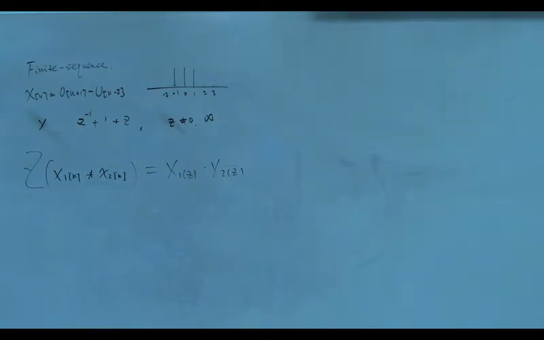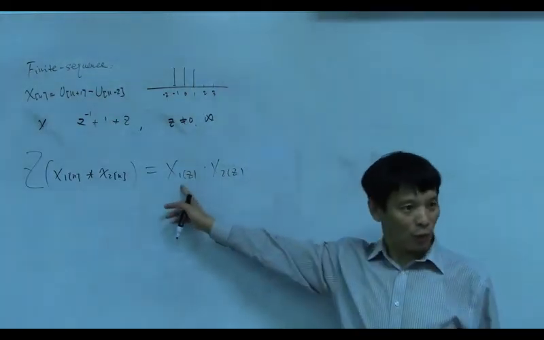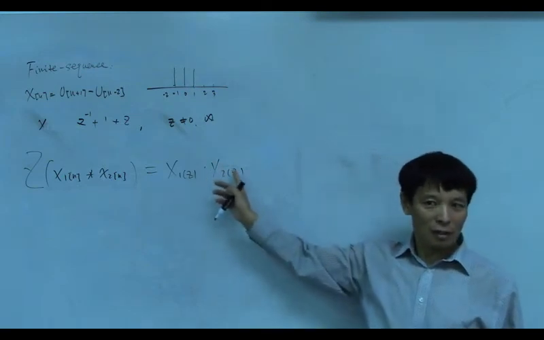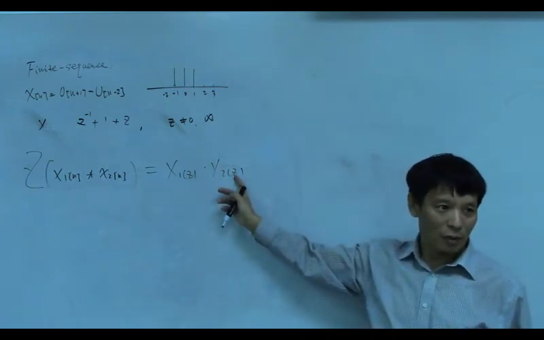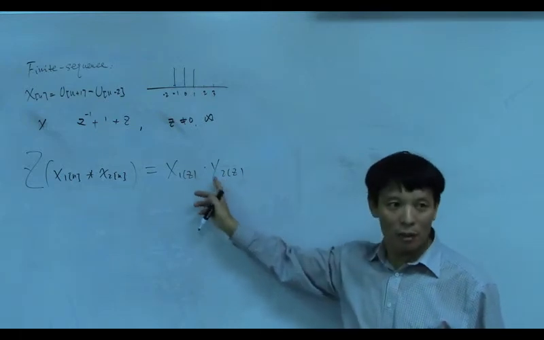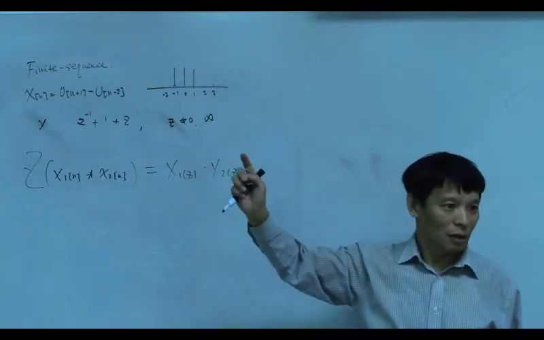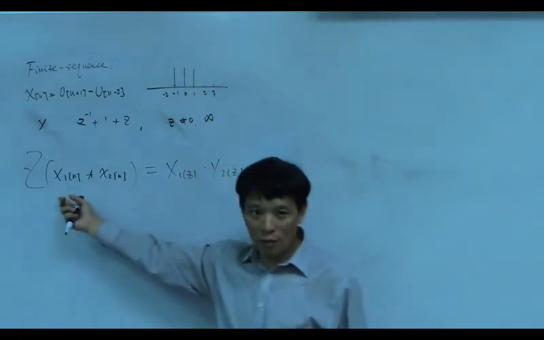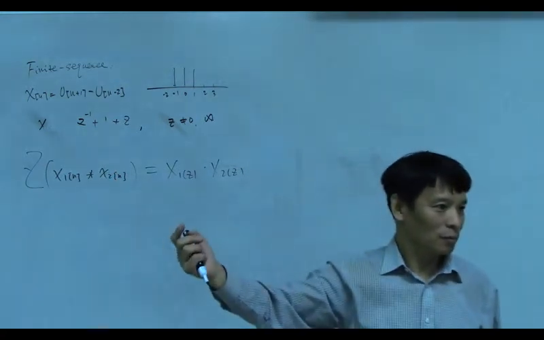So for two sequences convolved with each other, we calculate the Z transform of the first one, then the Z transform of the second one. Then in the Z domain, we just multiply together. That gives us the Z transform of the convolution.